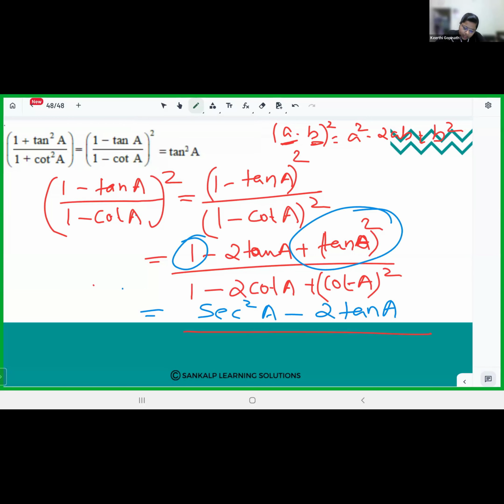Now, similarly, what is 1 plus cot square A? It is cosec square A, right? So this can be written as cosec square A minus 2 cot A.